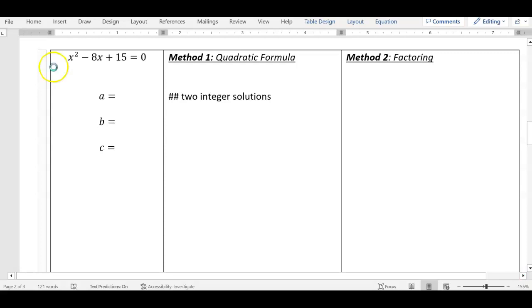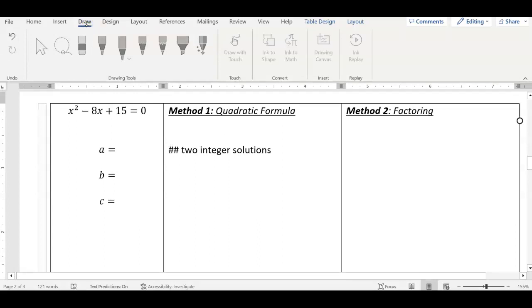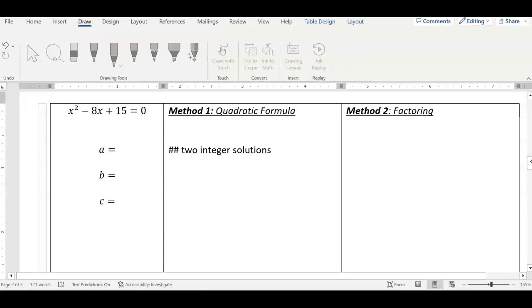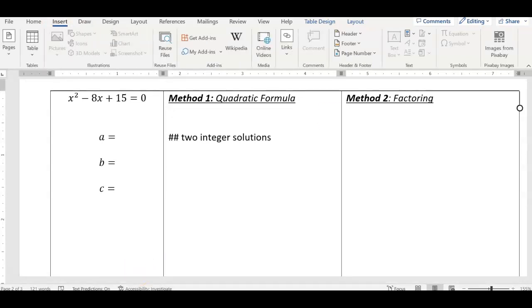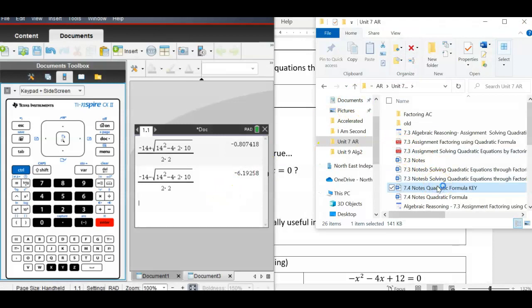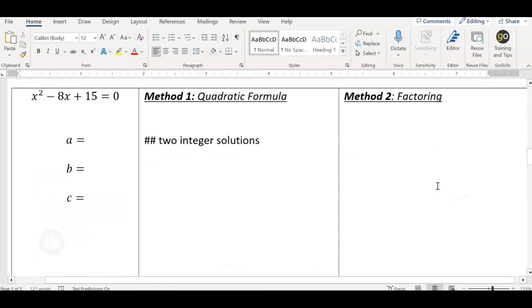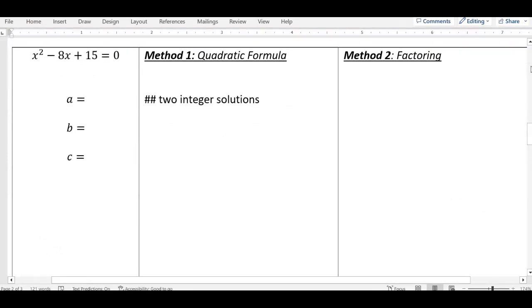So my A value, if there is no number out front, what number is there? 1, right? So like we said, if there's no number out front, A equals 1.